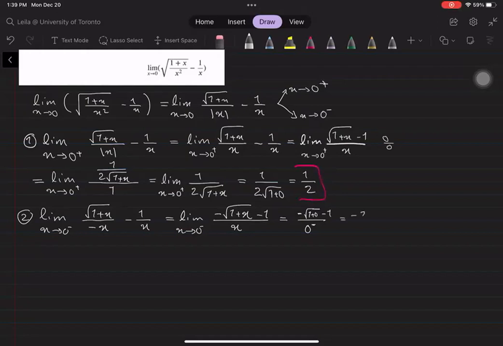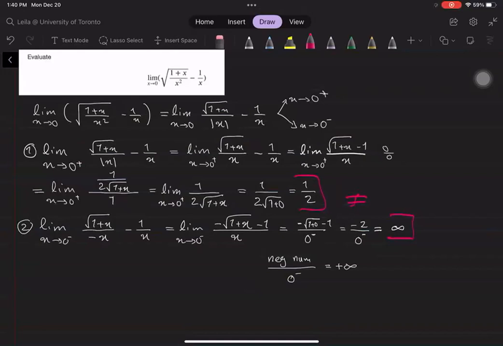So basically you have minus 2 over 0, on the left side of 0. You know that when you have a negative number divided by 0, that's going to go to positive infinity, not negative infinity. So this way you see that your left and right limits aren't equal. So the limit does not exist.